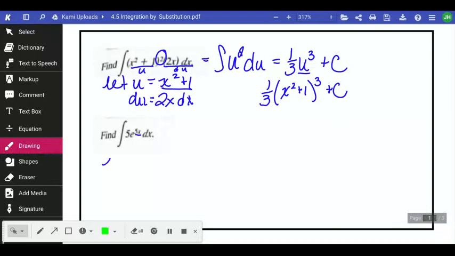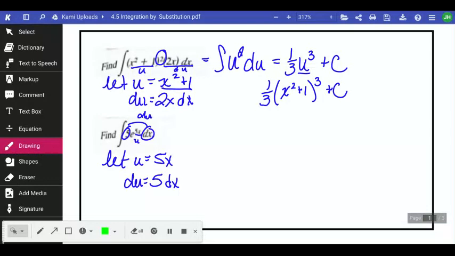All right, so we will let u equal that innermost part, 5x. So du is equal to the derivative of 5x, which is just 5 dx for a differential. Okay. If you look, I have u substituted in there, and this 5 and these dx together make up my du.